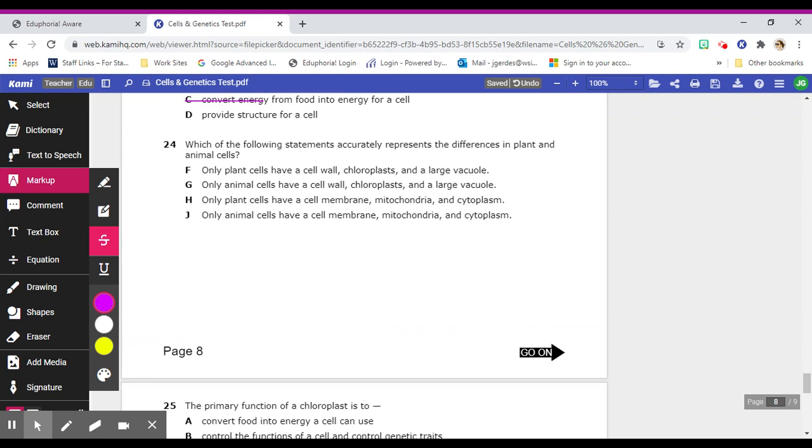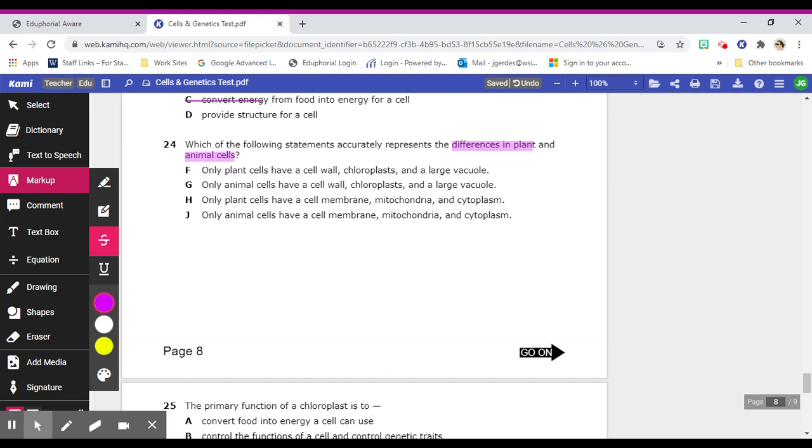24, which of the following statements accurately represents the differences in plant and animal cells? By now, hopefully you got this. Remember, we talked about the cell wall. So F, only plant cells have cell wall, chloroplast, and vacuole.